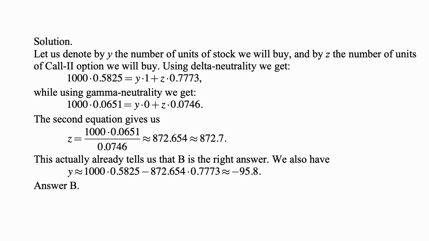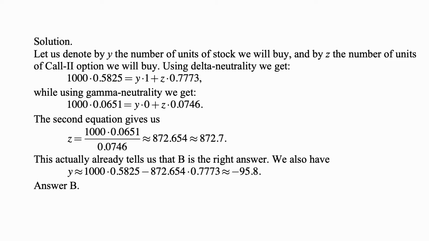So let us denote by Y the number of units of stock we will buy, and by Z the number of units of call 2 option we will buy. We don't necessarily assume that these are positive. If they turn out to be negative, that means we don't buy but we short. Otherwise, just set the two equal to each other with respect to delta and with respect to gamma.